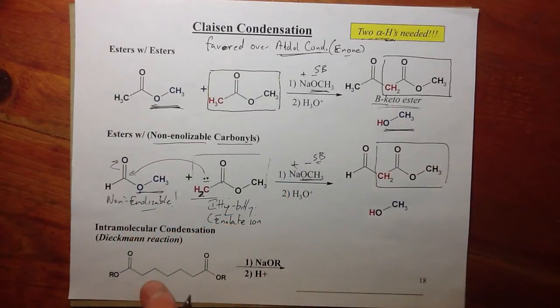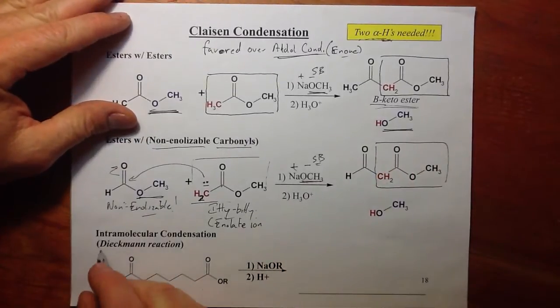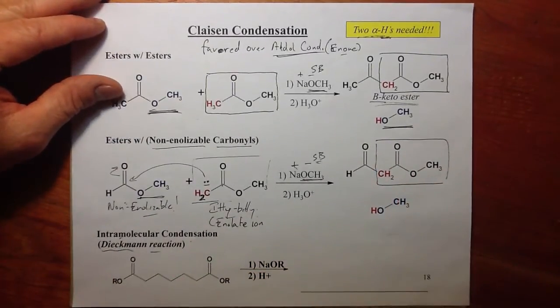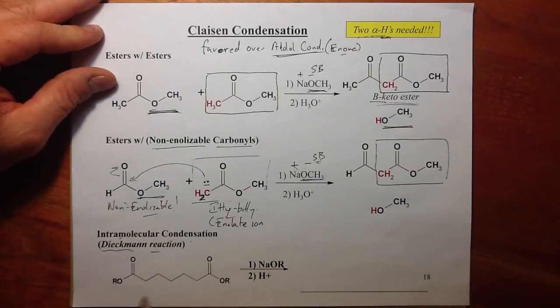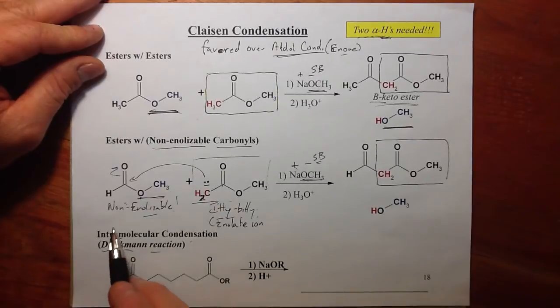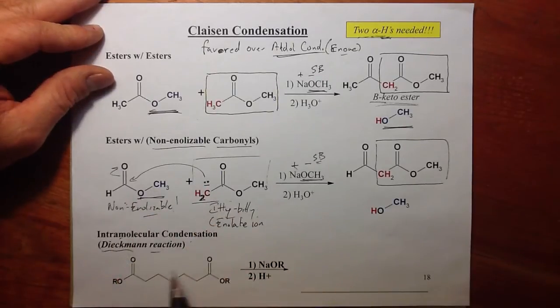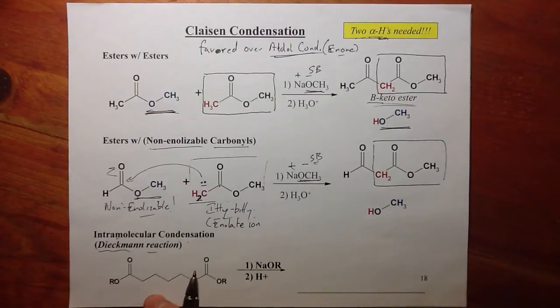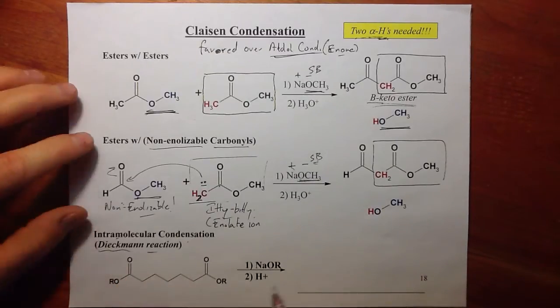I'll show you what I mean here when we go to the Dieckmann reaction, which is just an intramolecular Claisen condensation reaction. So let's say we've now got two esters like we have upstairs, but now they're just tethered together. So this is not going to be a new reaction, the Dieckmann reaction. We just have the esters tethered together.